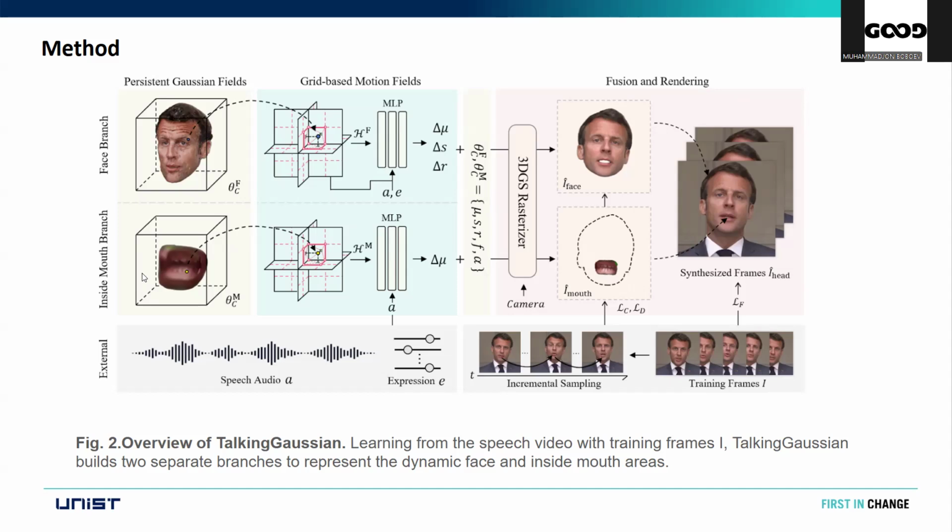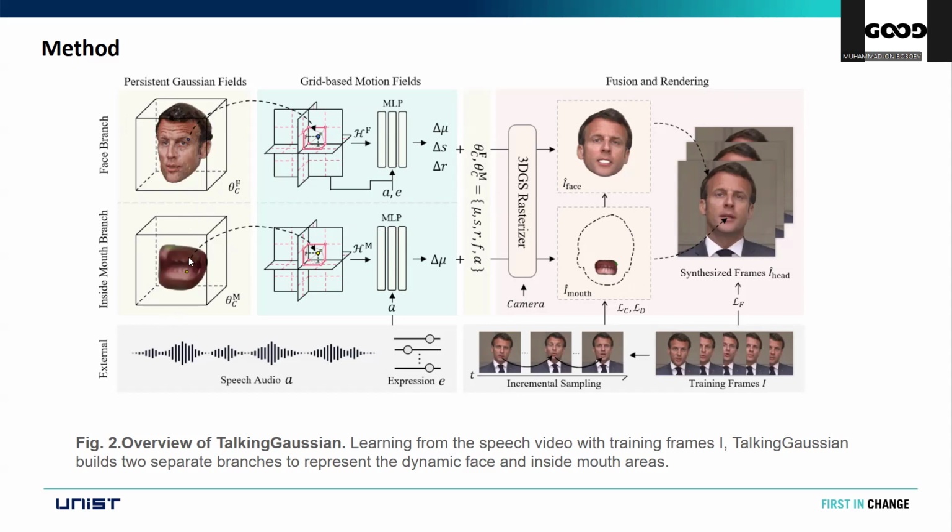Because if we use the single approach, the Gaussian change that we need to apply is very wide, and it can change the reconstruction quality. So rather than applying all the Gaussian change to the whole face area, they try to focus: what are the changes we need to do on the face branch?